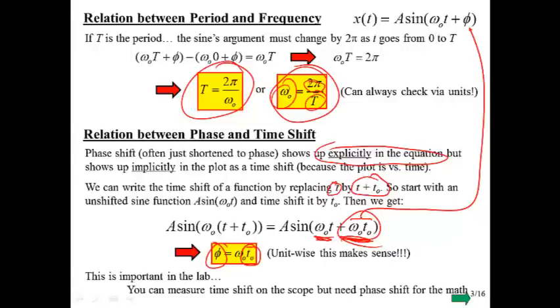Now, this relationship is important in the lab. We'll see that a lot of our work here revolves around looking at phases, but when you take things into the lab and you're using an oscilloscope, and scope is short for oscilloscope, you can measure the time shift directly, but you need to use this math to convert it into the equivalent phase shift.